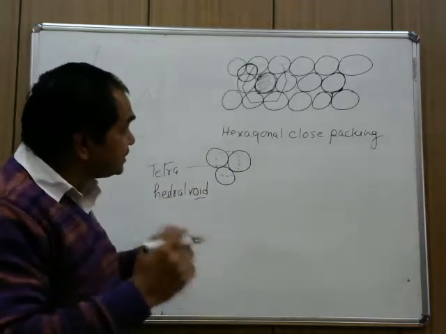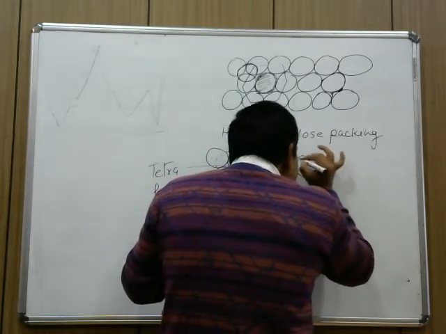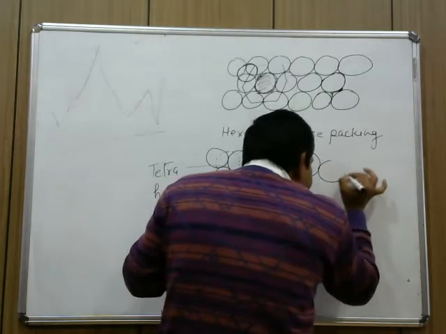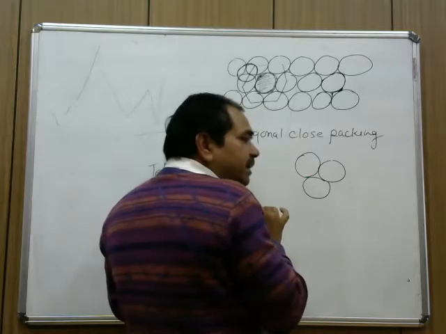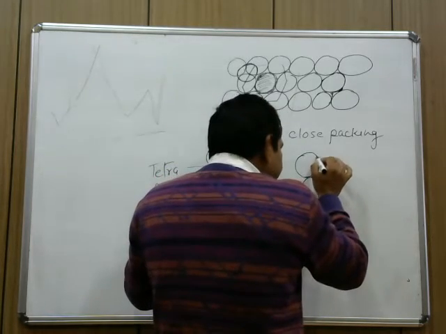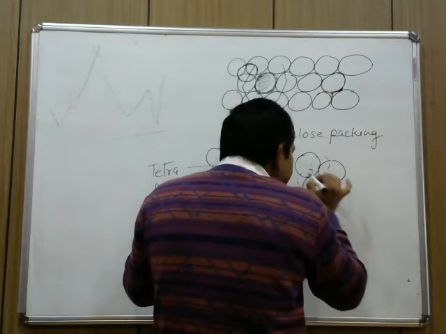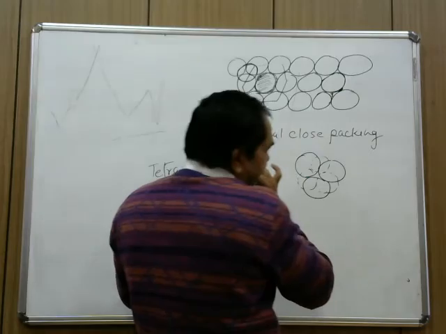Now there is another situation, where these are the spheres of the first row. They created a hole. Now these are the spheres of the second row, and they also created a void.